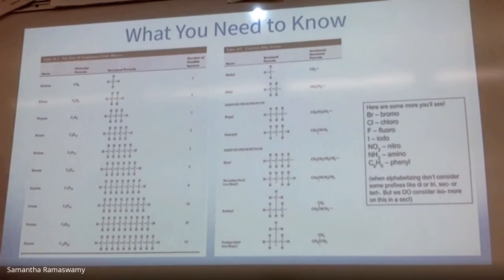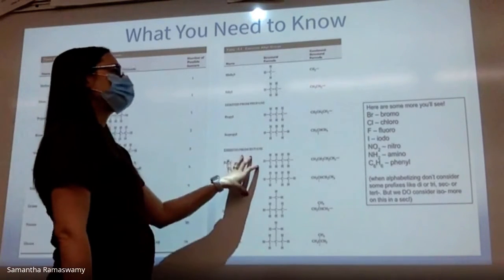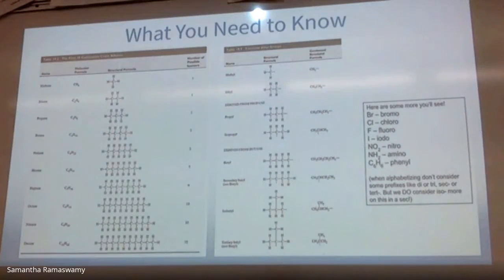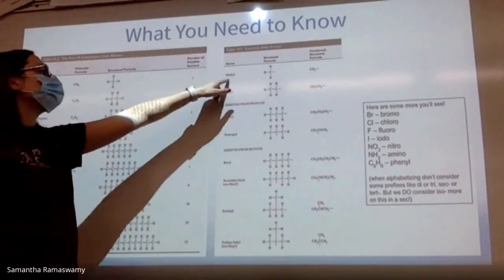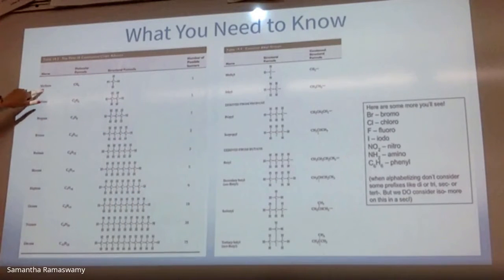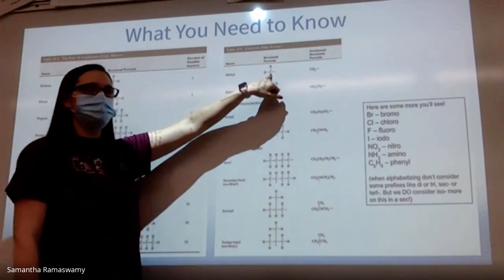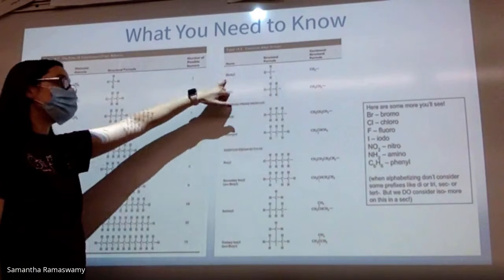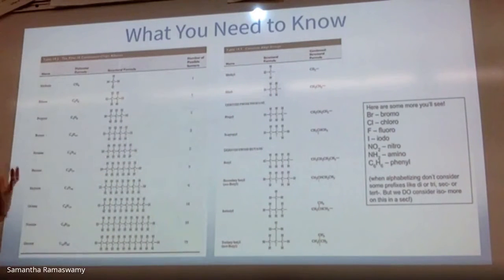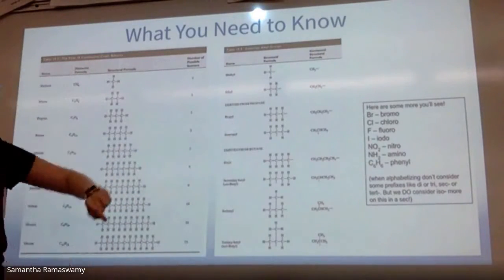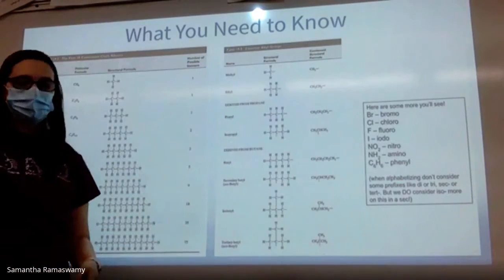Now, substituents. A substituent is something that is connected to the longest chain of carbons. It's also called a branching group, but you'll notice that it looks similar to the parent name. So instead of methane, if it's connected to the main chain with 1 carbon, it's methyl. We drop the ANE and add YL. Or an ethyl group, propyl, 3 carbons. Butyl is 4 carbons.